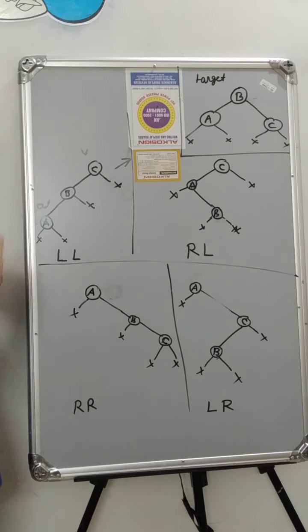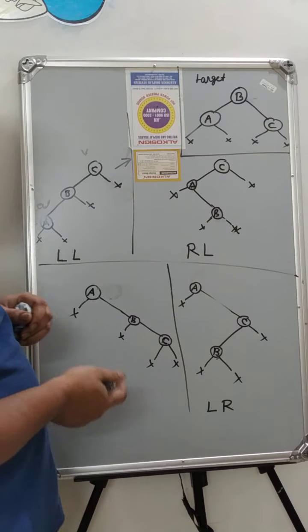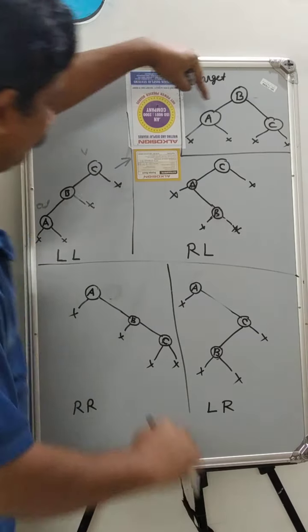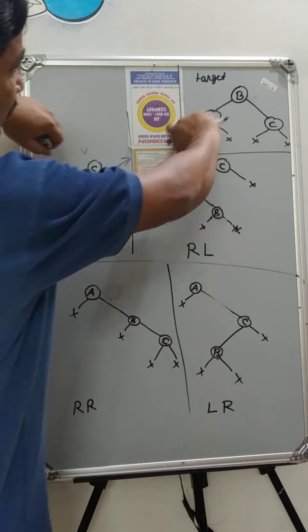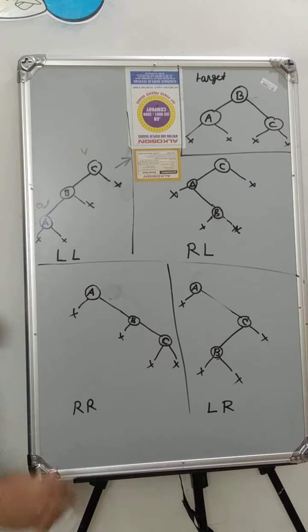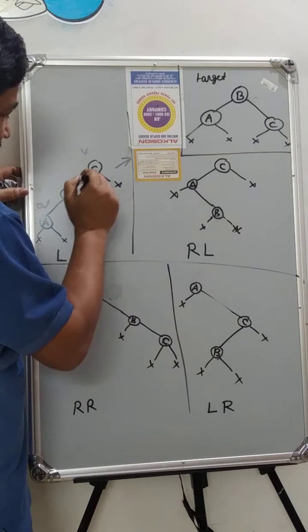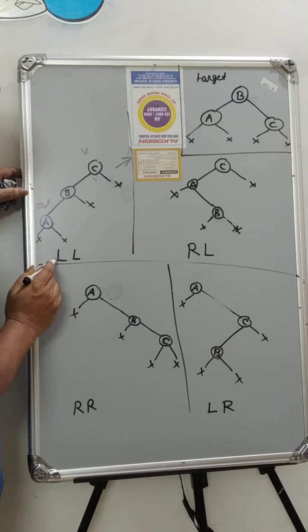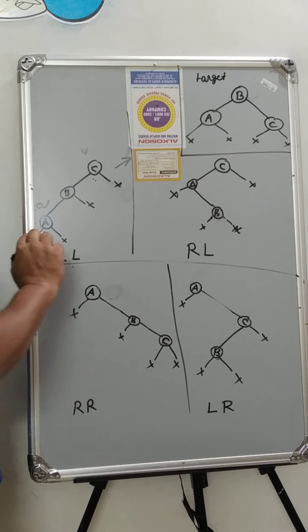So from this situation to this situation, whatever the operation that we will perform, if this one will go to this form, we have to pull it towards the right side around the imbalance node, then it will result. And this is called LL rotation. We are pulling it towards right.